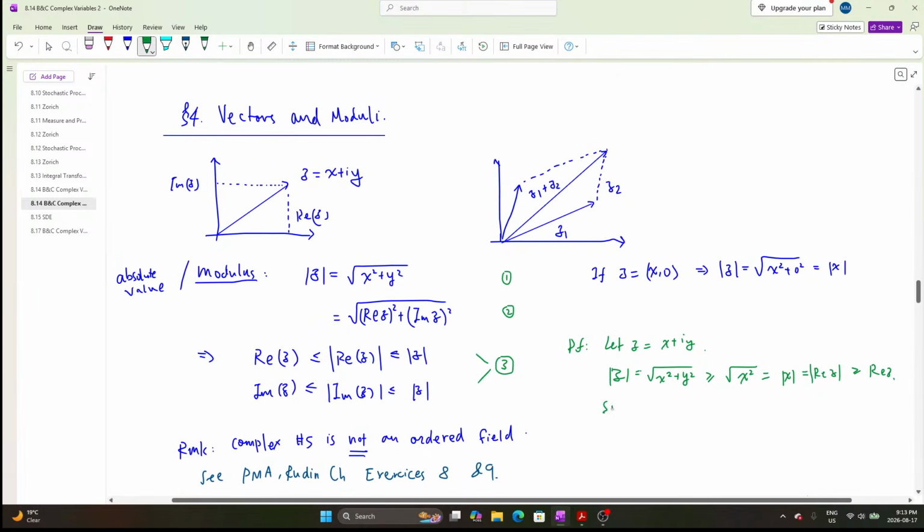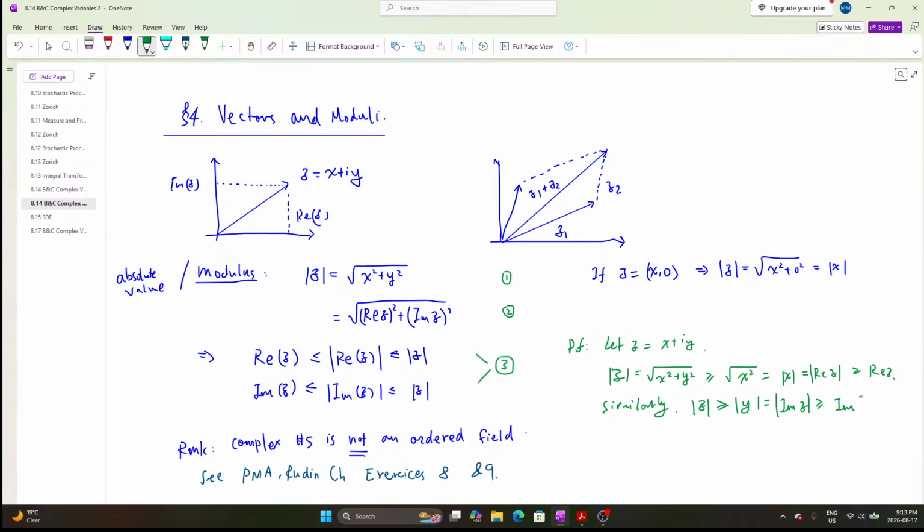Very simple. And similarly, the absolute value of z is greater or equal to the absolute value of y, which is the same as the absolute value of the imaginary part of z, and is greater or equal to the imaginary part of z. Okay, it's very short.